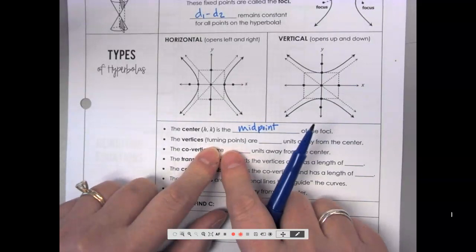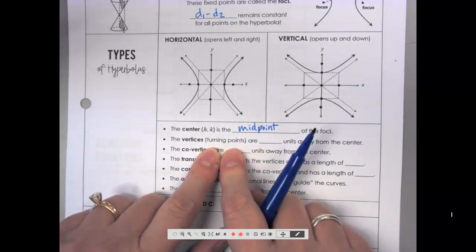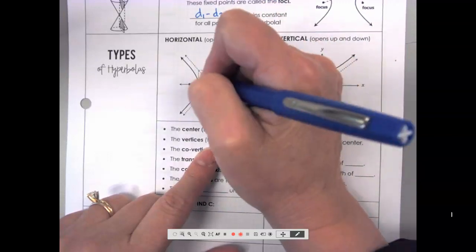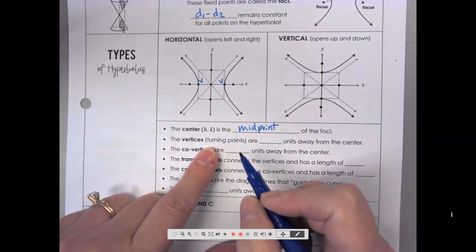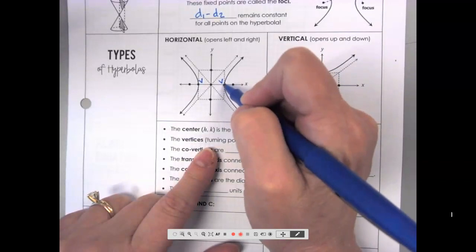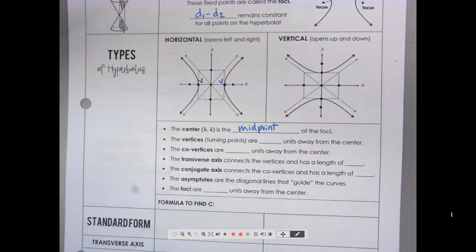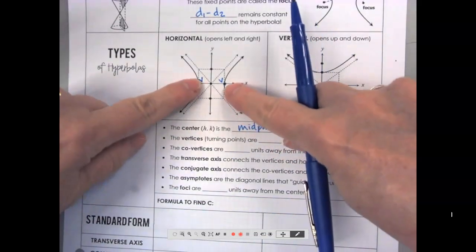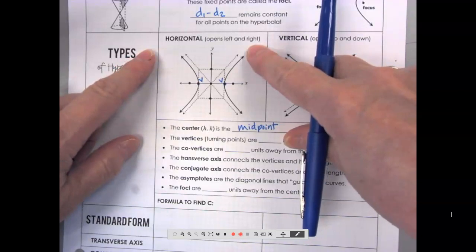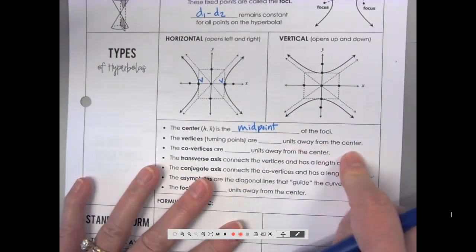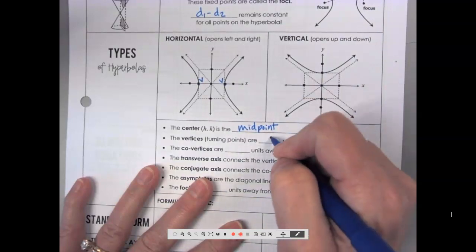Okay, the vertices are the turning points. So the vertices, I'm just going to put a V so it doesn't get too cluttered, are right there. That is a vertex, and that is a vertex. So it's kind of like the vertex on the parabola. It's where the parabola turns. This is where these turn and go back the other direction. And they are A units away from the center.